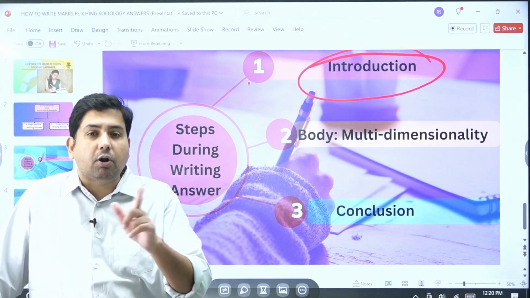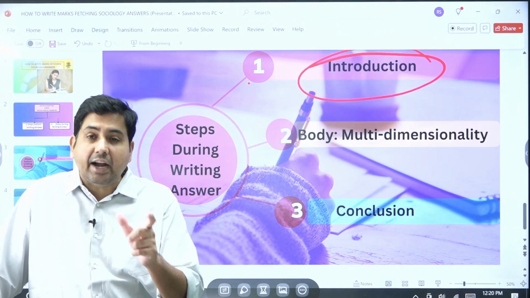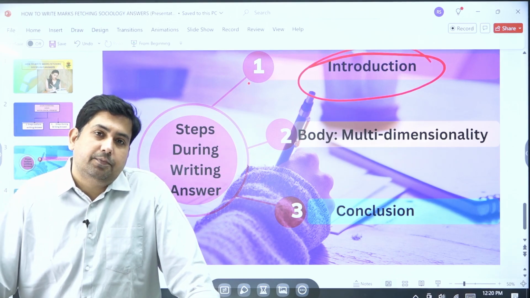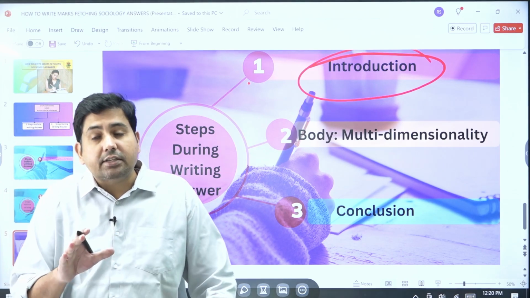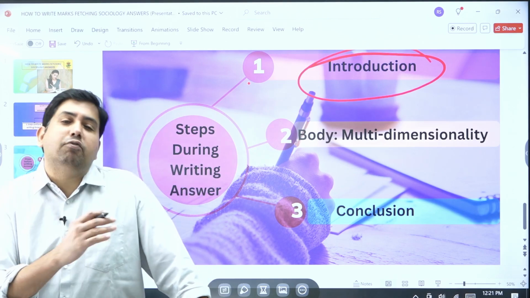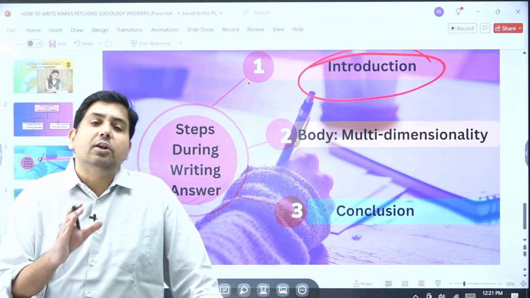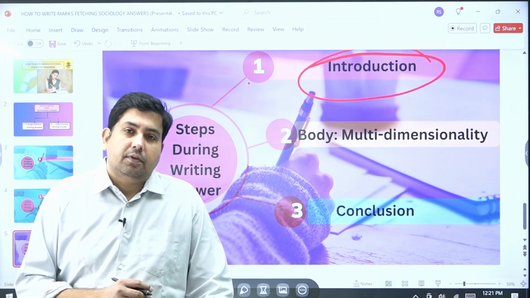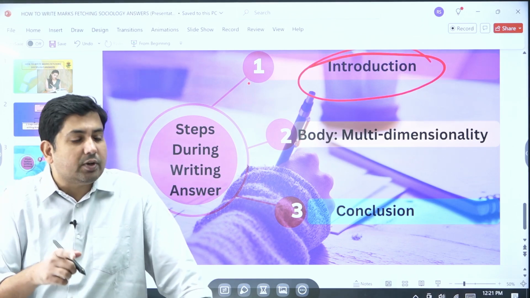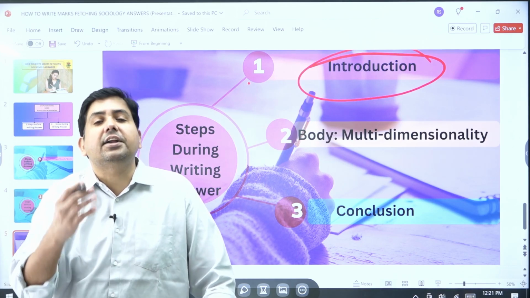And Durkheim has called conscience collective the ultimate social fact. So you will write that for Durkheim it is the ultimate social fact. Then you can say that while it is assumed as a fundamental unifying force in simple societies characterized by low division of labor, its relevance in the complex, diverse, and individualized modern society necessitates a critical examination.